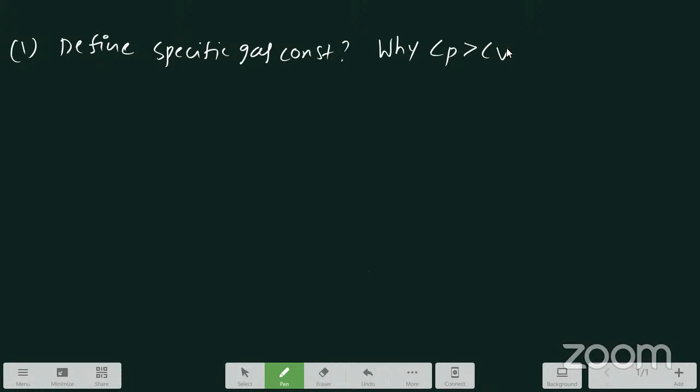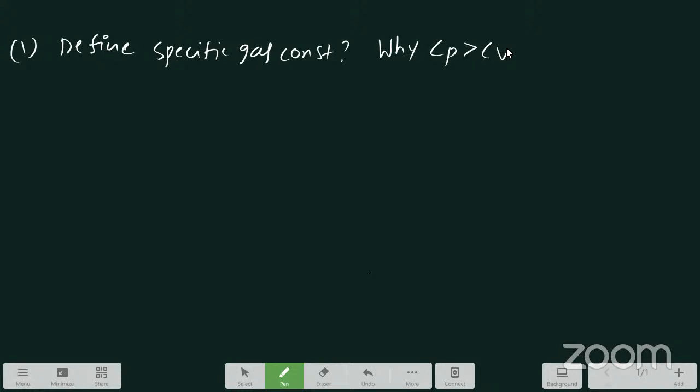In total, two specific gas constants are present. One is the specific gas constant at constant volume. The second one is the specific gas constant at constant pressure. So, the definition of specific gas constant, with why Cp is greater than Cv.